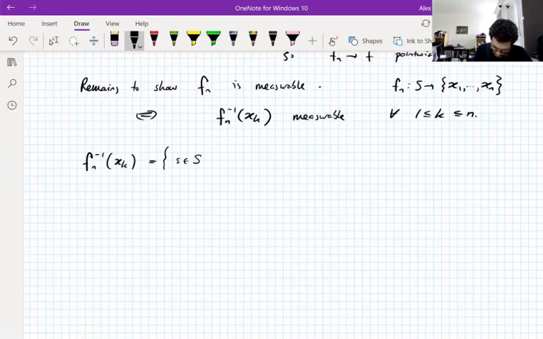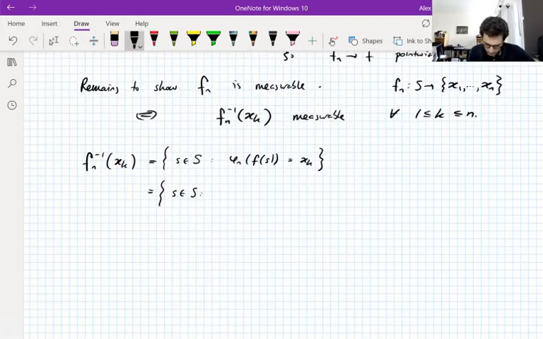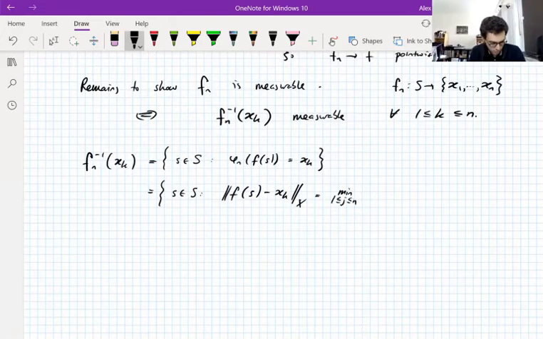It's a set of points s such that phi n of f of s equals xk, just using the definition of fn. This is the set of points s such that, just using the definition of phi n as this minimal vector in the first n elements, I'll write out what that means. f of s minus xk has to be the minimum from j from 1 to n of f of s minus xj.